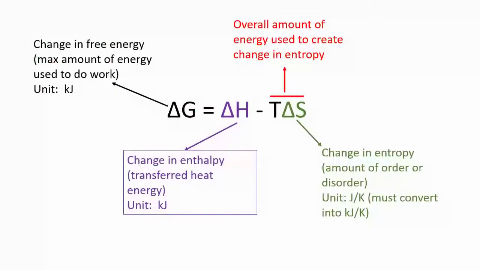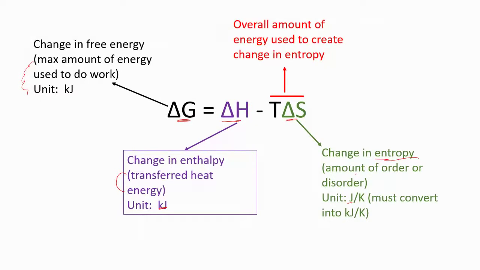So here's our relationship between the 3 different parts. Delta G, this is our change in free energy, the amount of maximum energy needed to do work. Our delta H is our change in enthalpy. This is the heat transfer. Our delta S is our change in entropy. All right, how does the disorder of a system change? This is in joules.